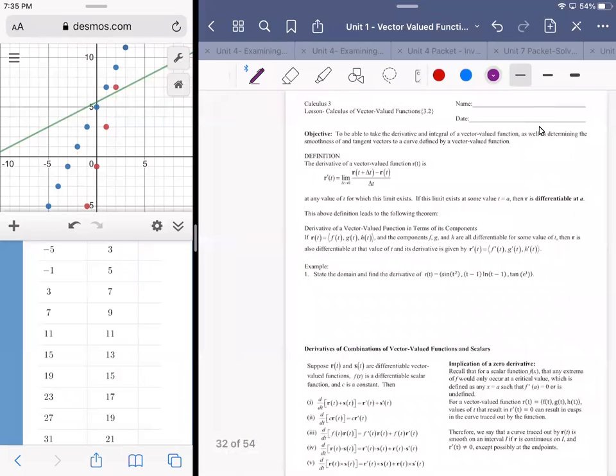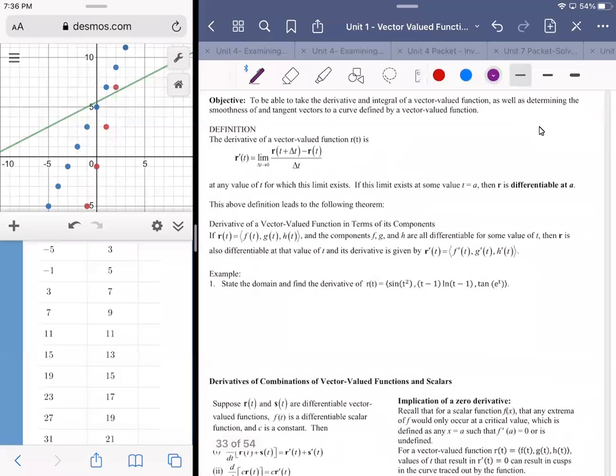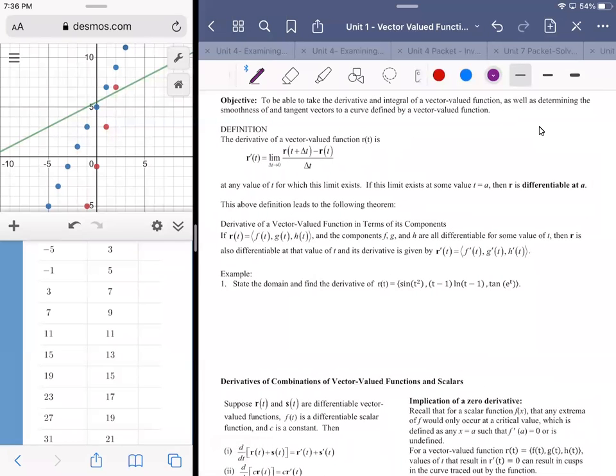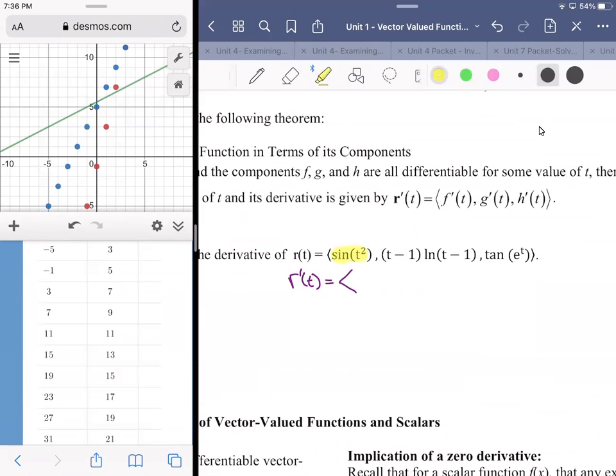All right. So in the case of number 1, it says state the domain. We're not going to bother with that because we just kind of beat that to death on a previous problem. But if you want to find the derivative of r of t, you're taking the derivative of each component.